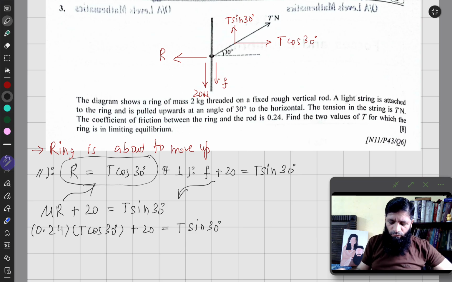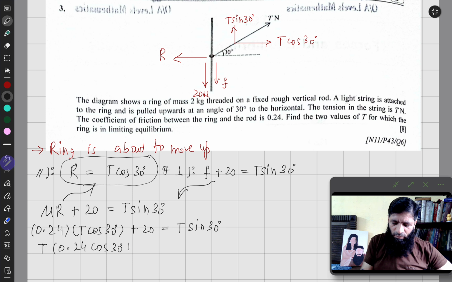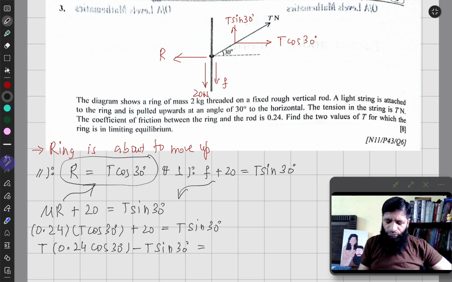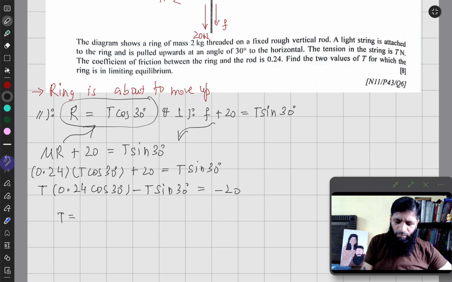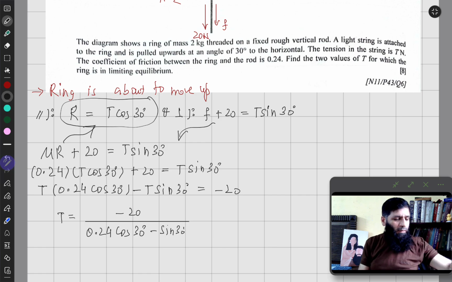So if you solve this equation, you will have T times 0.24 cos 30 minus T sin 30, that will be equal to negative 20, and T will become negative 20 divided by 0.24 cos 30 minus sin 30.